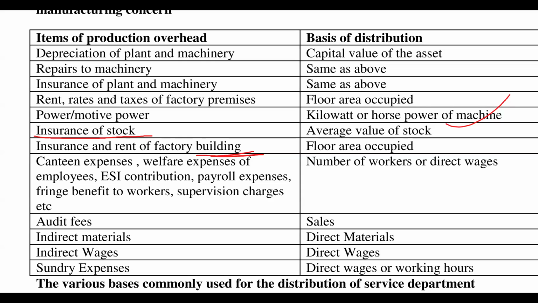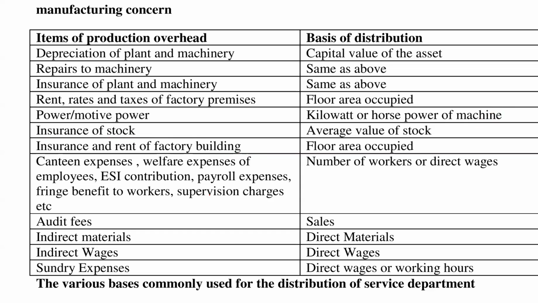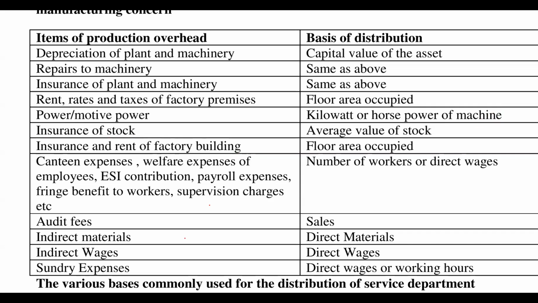Now, this is where you have to pay attention because always we have confusions about these. The other ones, most of these costs are incurred in the service centers. Listen, the canteen costs, the welfare expenses of employees, the ESI contribution, the payroll expenses, the fringe benefits to the workers, the supervision charges, among others.